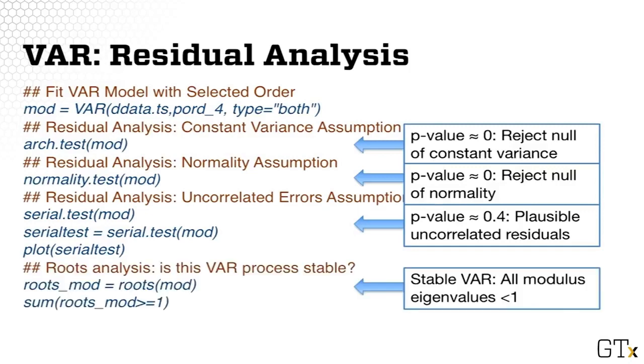Last, we assess the property of stability. All eigenvalues in this case are smaller than 1, and thus the fitted VAR is stable. Next, let's look at the residual plots to explore further the non-constant variance and the non-normality of the residuals.